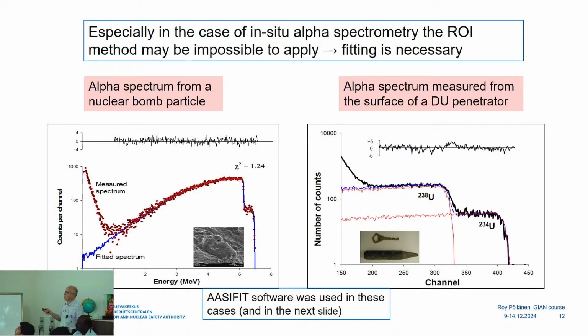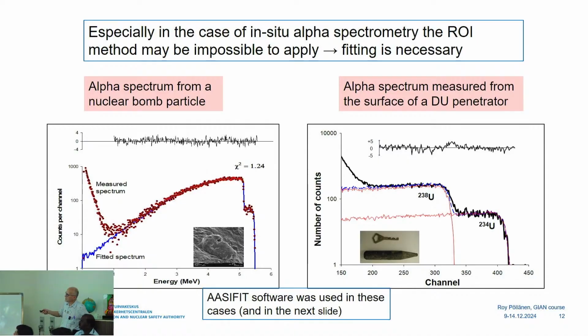In some spectrometry, the ROI method may be impossible to apply, and fitting is necessary. Yesterday we looked at this spectrum from a nuclear bomb particle. What about this spectrum? It's quite difficult to analyze.